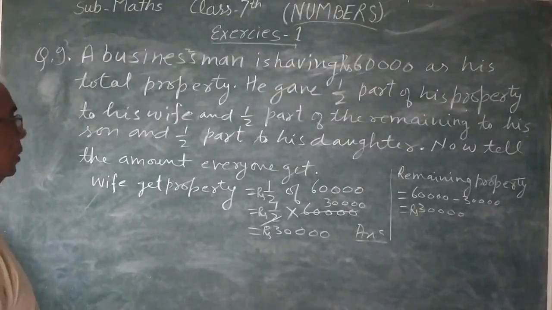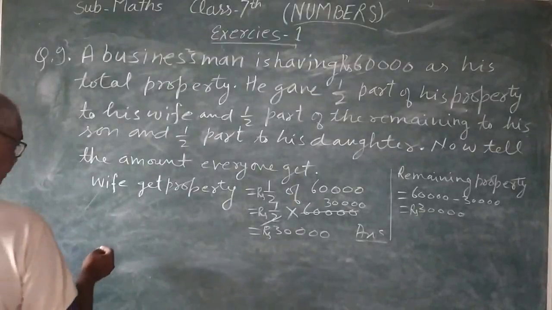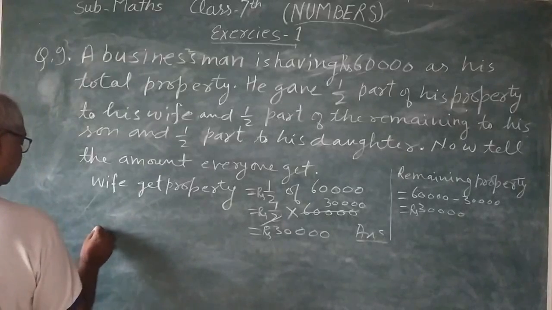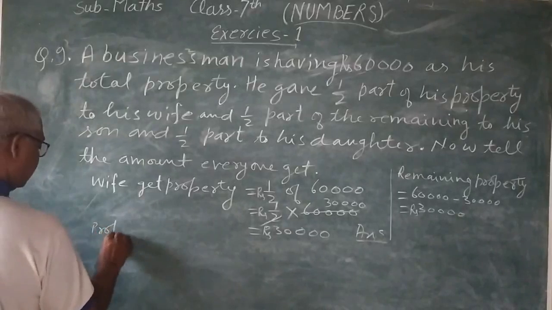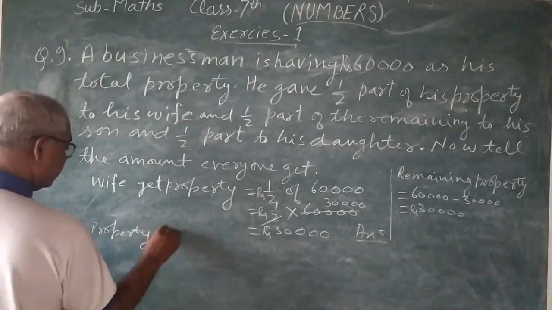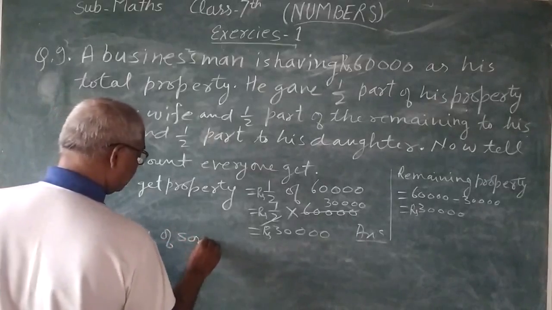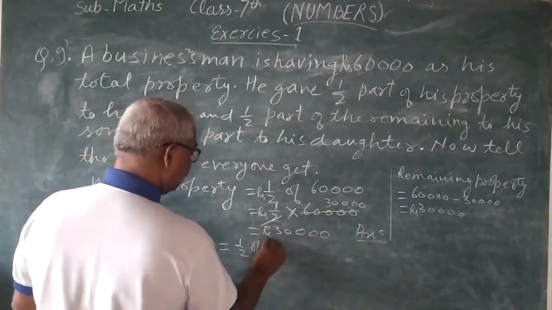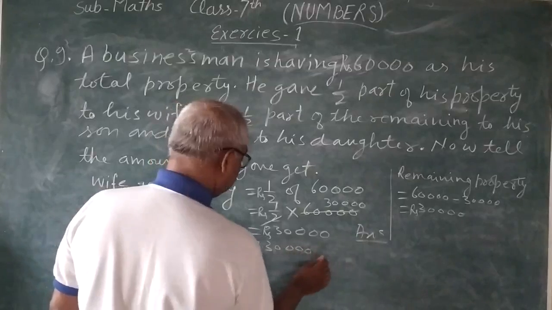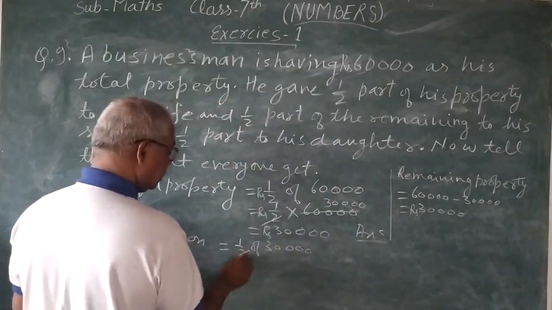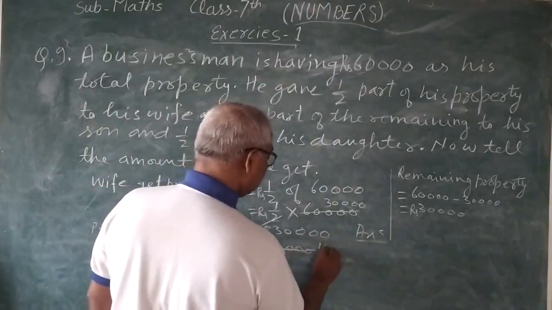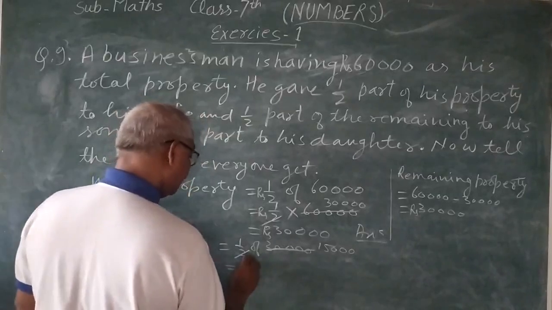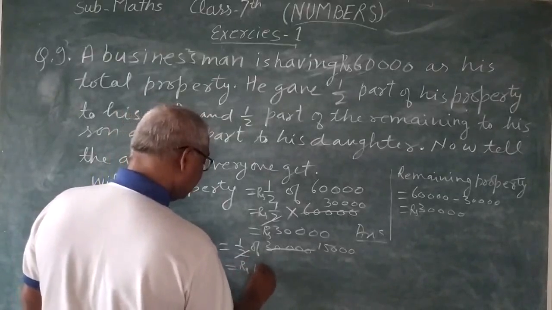Now the property of the son. One by two of 30,000. Now 30,000 cancels with 2, we get 15,000. So it is rupees 15,000.